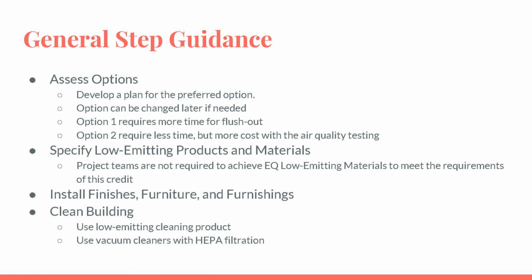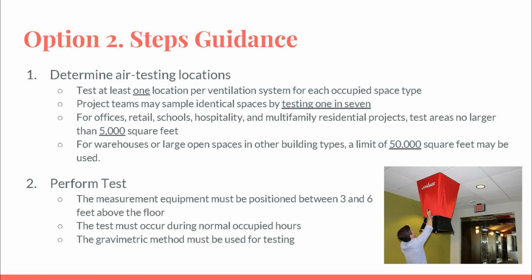The step 3 is install finishes, furniture, and finishing. The step 4 is clean buildings, use low-emitting clean product, and use vacuum cleaner with HEPA filtration. Also, we have to determine air testing location. The first principle is to test at least one location per ventilation system for all occupied space type.